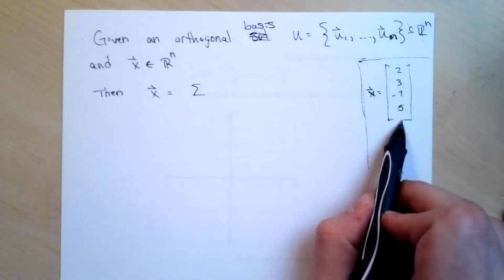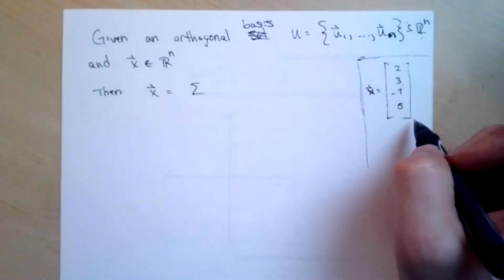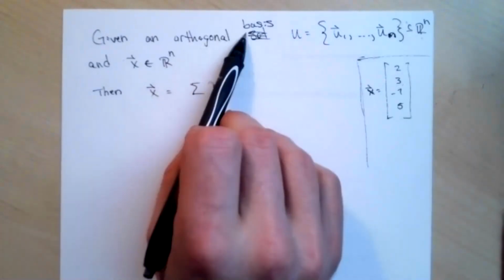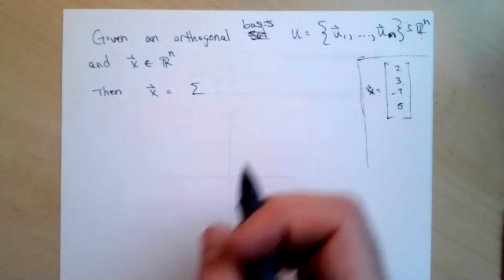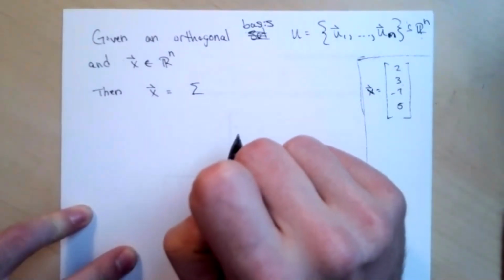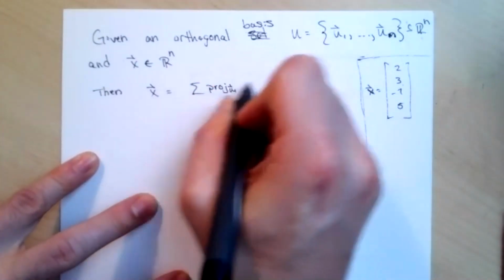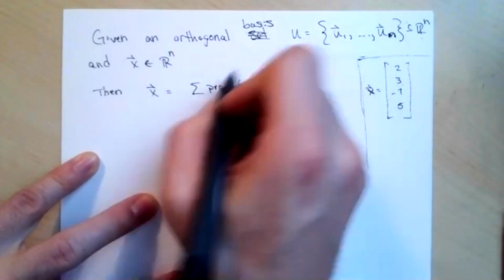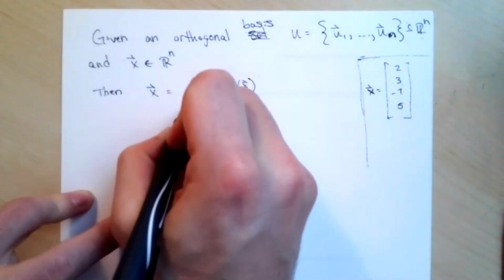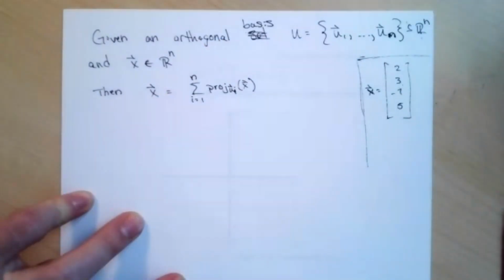Namely, the scalar components of x are the projections of x onto these standard bases. But if we potentially have a non-standard basis, at least if they're orthogonal, we can mimic that same process. How do I find the component of x in the direction of U1? Well, it's just going to be the projection onto UI of x.